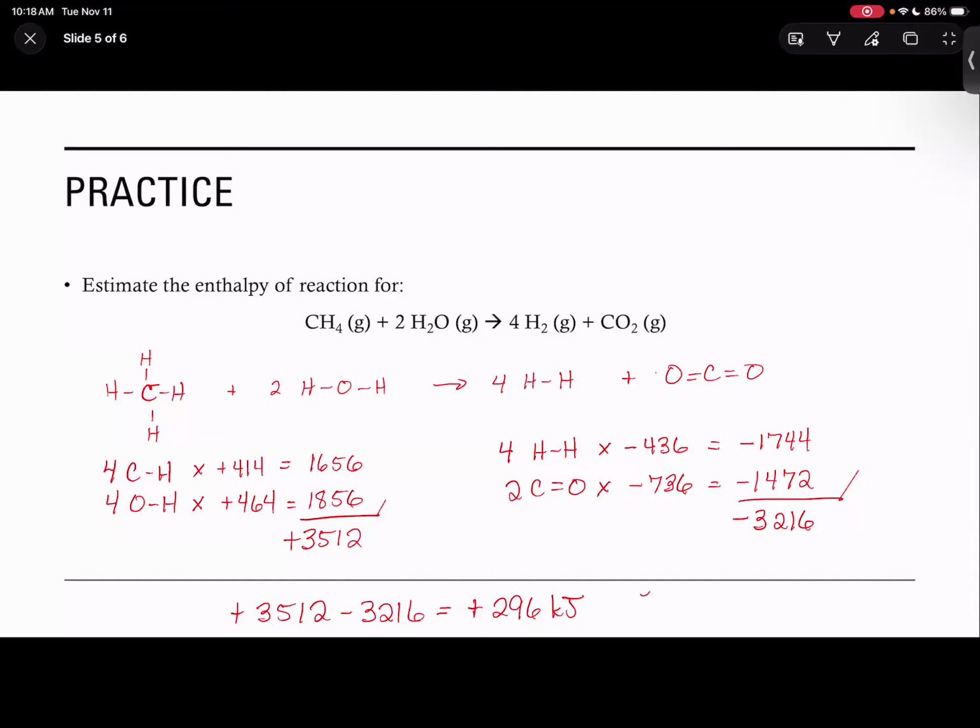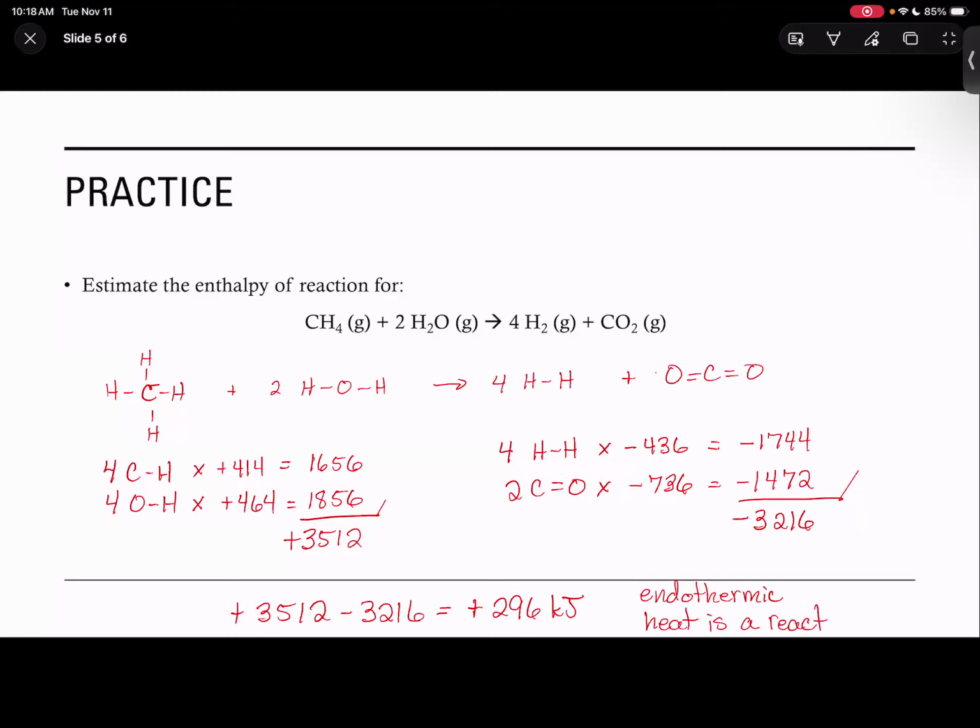Therefore, this reaction is endothermic, meaning energy has to drive this process, and therefore heat is a reactant.